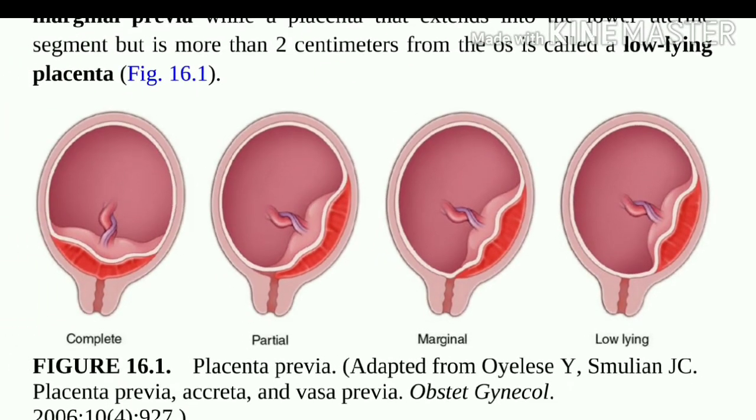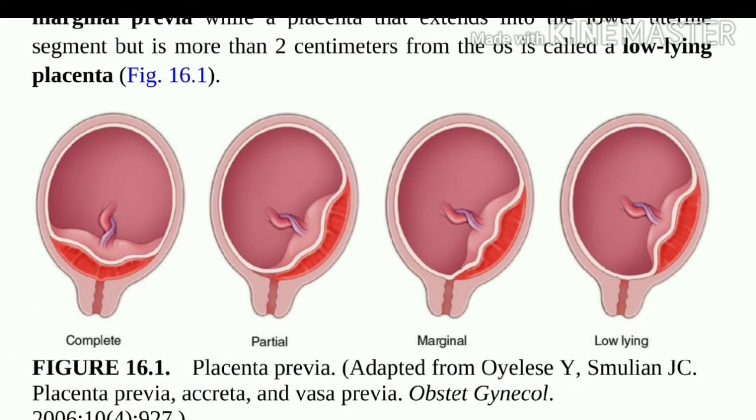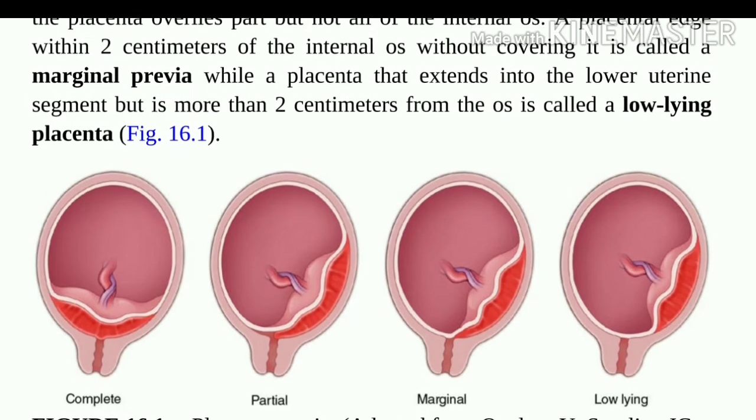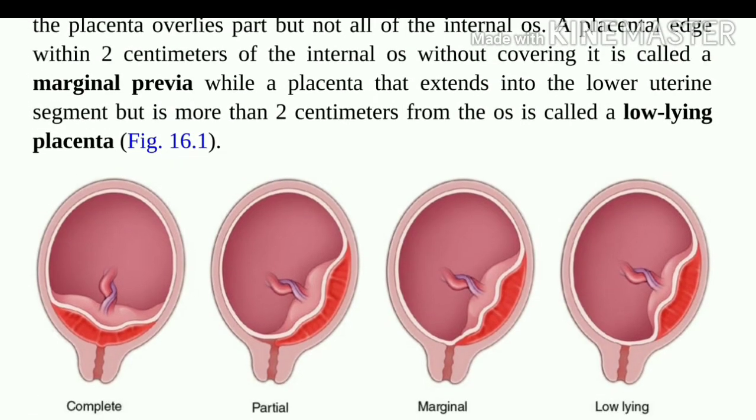So what are the main causes of placenta previa? The exact cause is not known, but we have some points that it may be due to the upper uterine endometrium not being well vascularized.